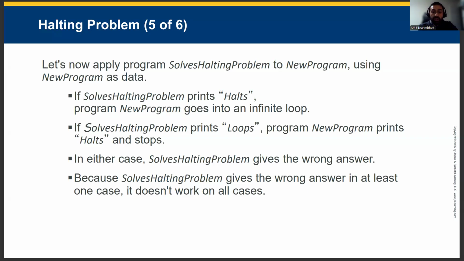Second, if solves halting problem outputs loops, then new program halts immediately, making the solver wrong again. In either scenario, the solver fails. This contradiction proves that no universal algorithm can correctly determine halting behavior for all programs and inputs. This result is one of the most profound limits in computer science, showing that some problems are fundamentally unsolvable no matter how advanced computing becomes.